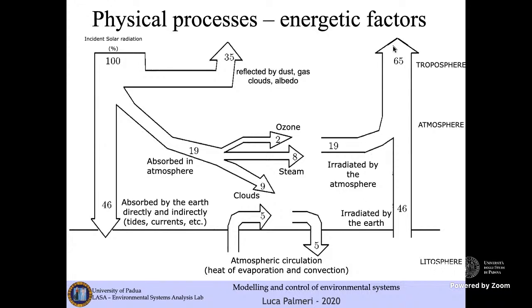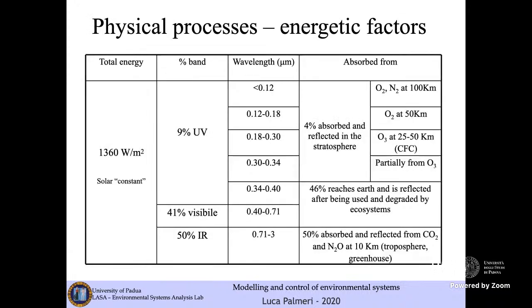This energy is totally given back by re-emission of the atmosphere. It is interesting to look at the energy arriving on the surface of the planet from the sun: we said that we measure the solar constant as 1360 watts per square meter. So this is an energy flow, because watts are joules per second.